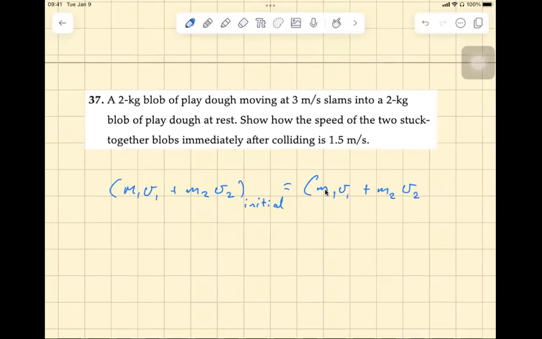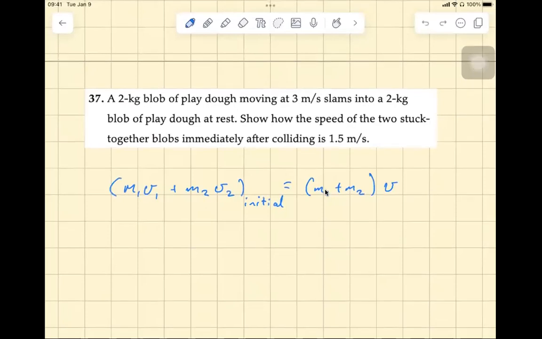Actually, let me back off on that one, because notice that it says the two stuck together blobs. So we've got M1 plus M2 times a new velocity.